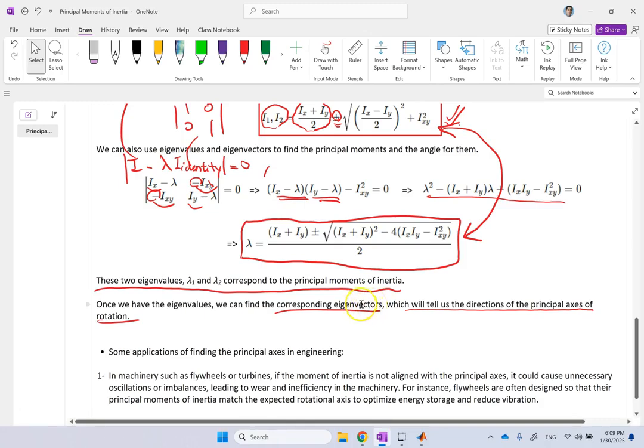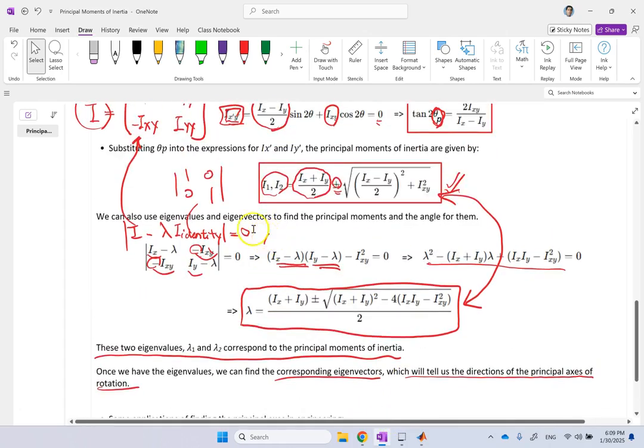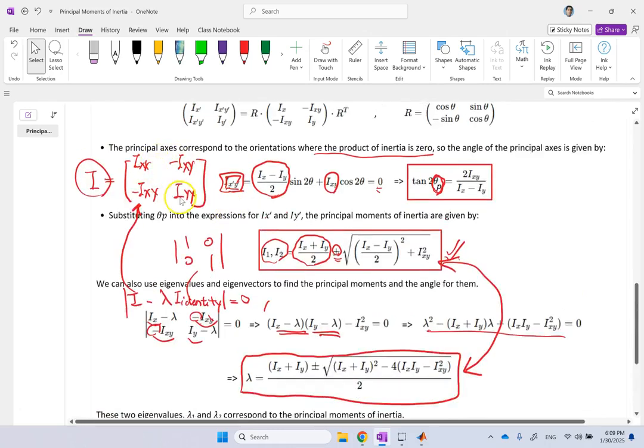So if you're dealing with 3D systems and your inertia matrix has 9 components as opposed to only 4, I do not recommend trying to formulate it like this with these trigonometry formulas.